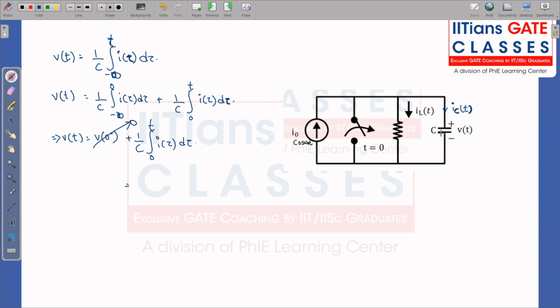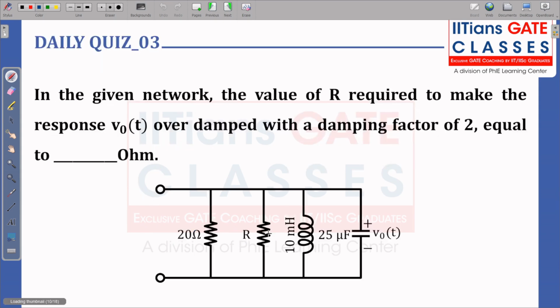Current is I naught cos omega naught t, so 1 by C integral 0 to t of I naught cos omega naught tau d tau. This comes out as I naught by omega naught C sine omega naught t. Very simply, we got the answer.